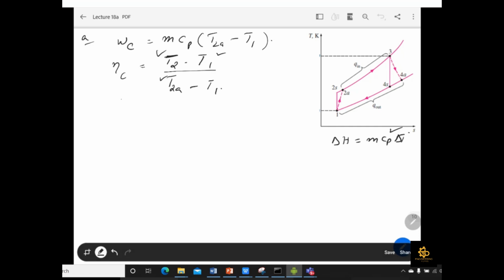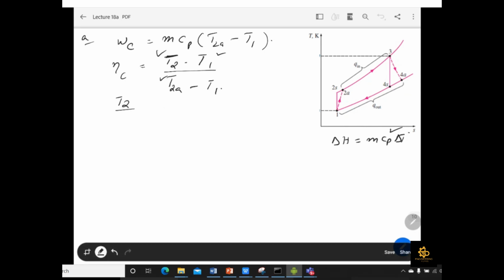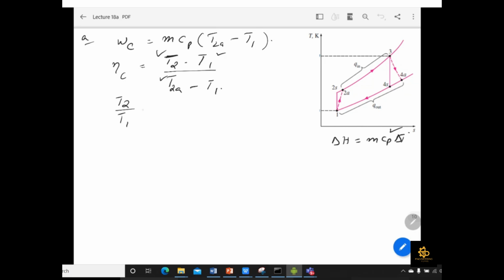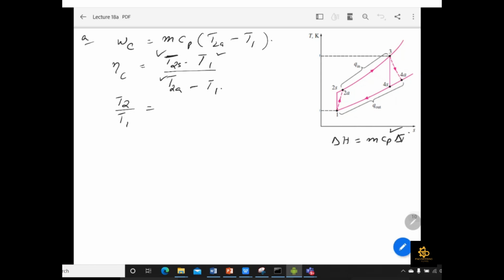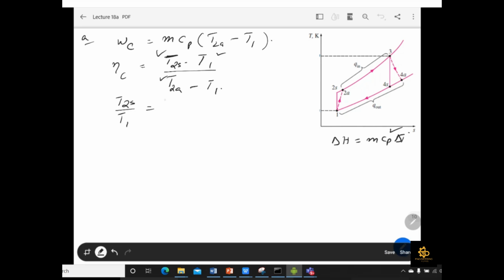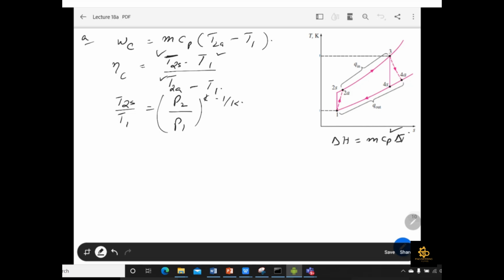So I can apply one isentropic relation for process 1 to 2, T2s over T1, where it is the isentropic process, I can call it 2s so that you do not get confused. The pressure ratio is known from the question, which is 6.25.